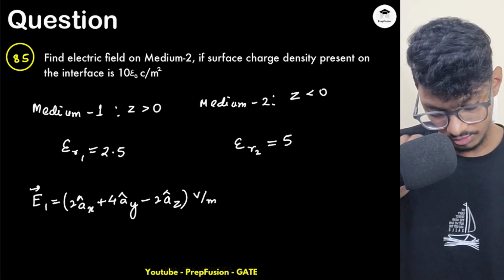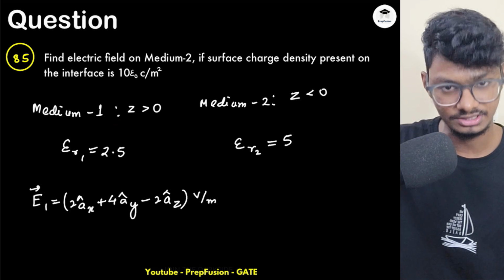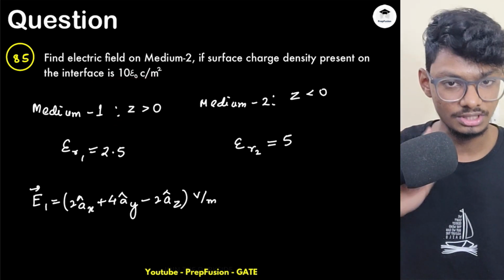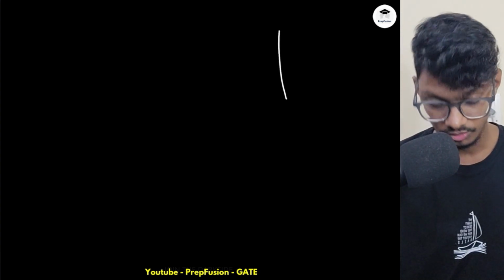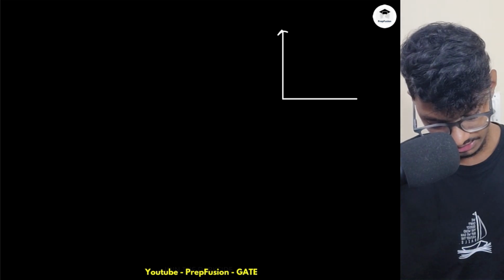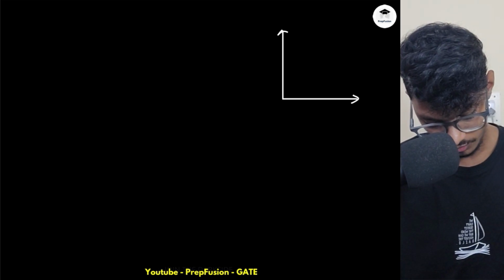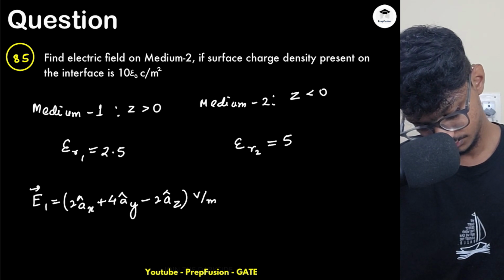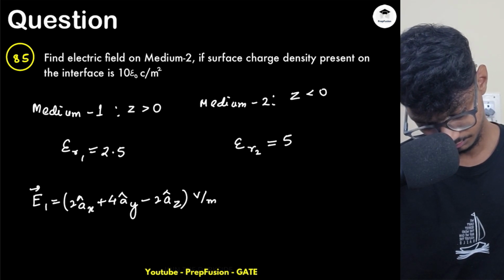So now I know medium 1 is z greater than 0, medium 2 is z less than 0. This is fine, but there is surface charge density on the interface. So I will just write down the x, y, z planes.